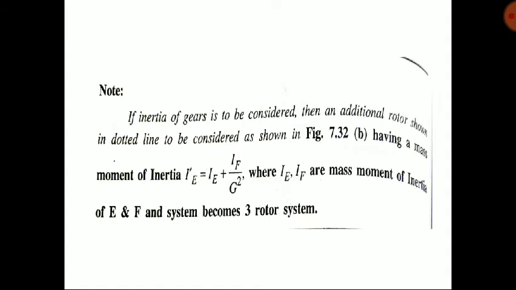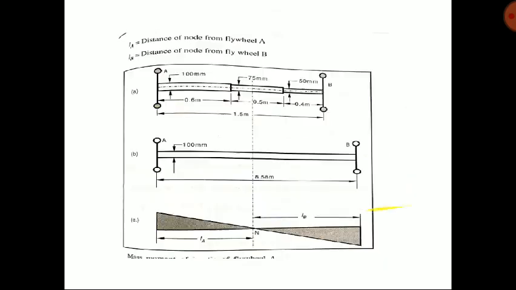I dash is equal to I plus If by g square. G means gear ratio. Here If means the mass moment of inertia of pinion and gear, E and F, and the system becomes a three rotor system. When the moment of inertia of gears is considered it becomes a three rotor system, but when it is not mentioned, it is only a two rotor system. Okay, then we can go to a problem.